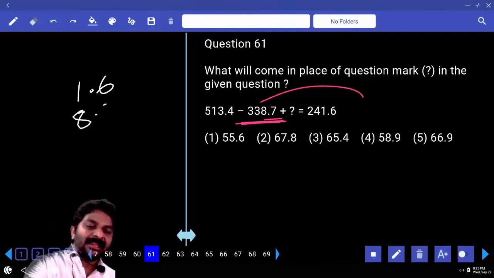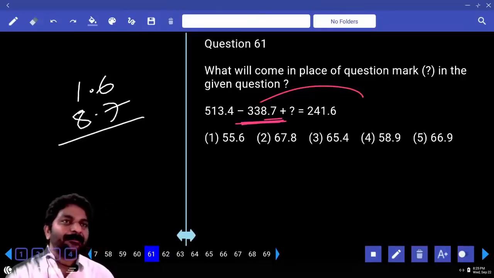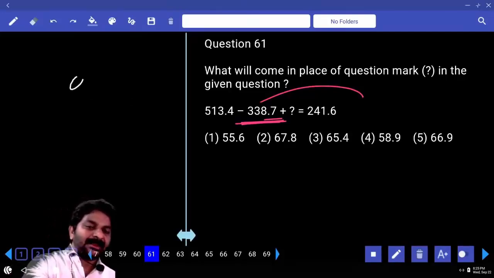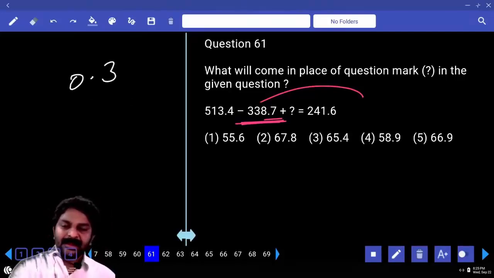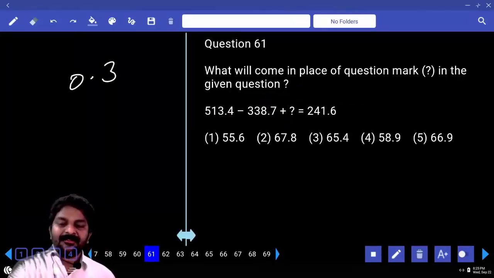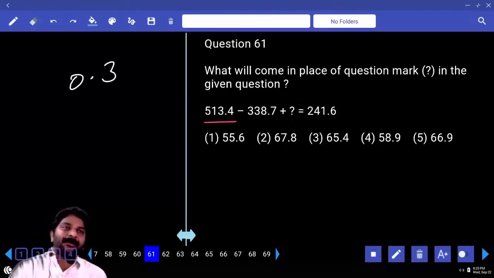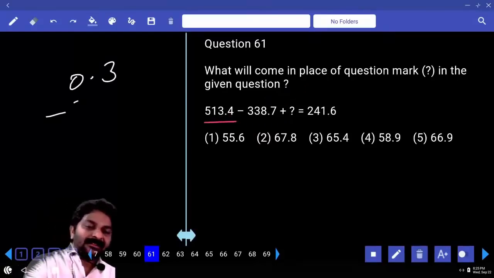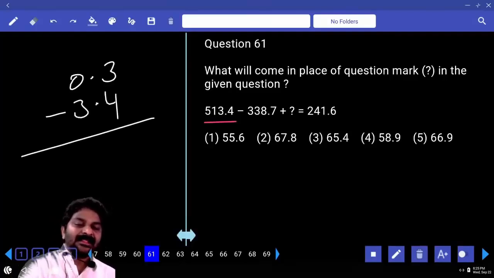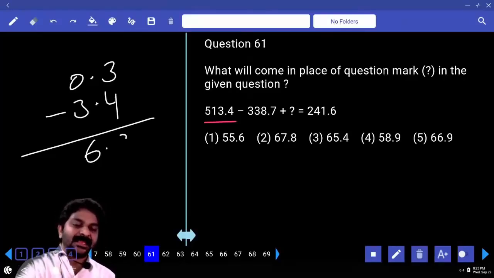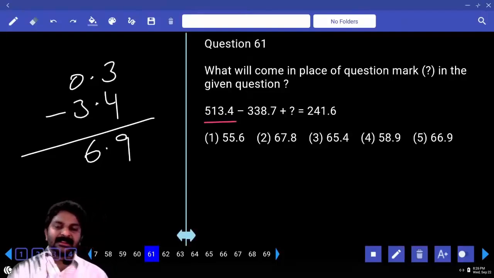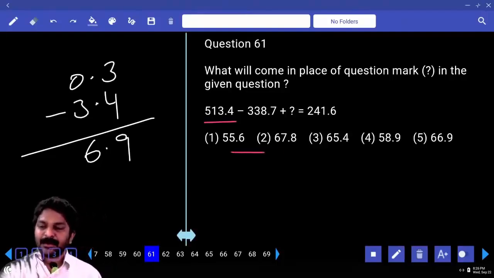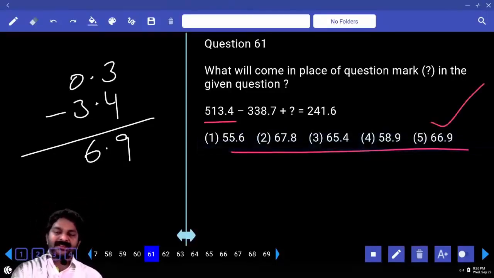Here you have 8.7. Total it is 10.3. That means 0.3. Next, from that, 513.4 goes to the right hand side, and from that you will have to subtract 3.4. Then the answer must end with 6.9. Yes, fifth option, final answer.